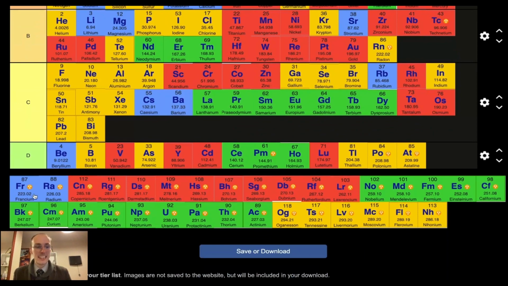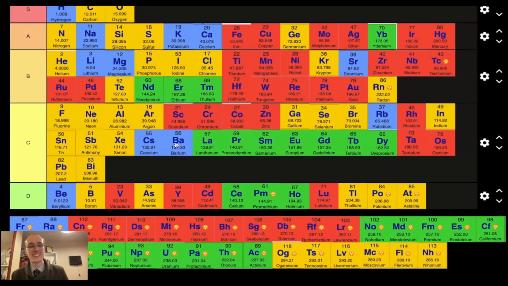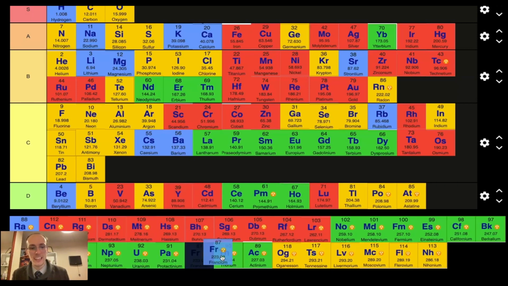Francium is next. We are on the last period of elements, everybody. This is it, the home stretch from element 87 to 118. Strap yourself in. We are gunning towards the end. Francium. It's the last element to be discovered in nature. All these other elements down here have to be synthesized in a lab.